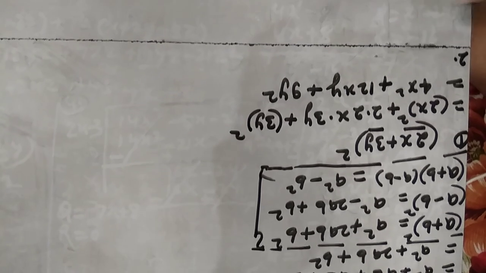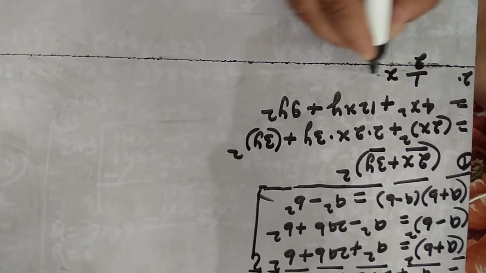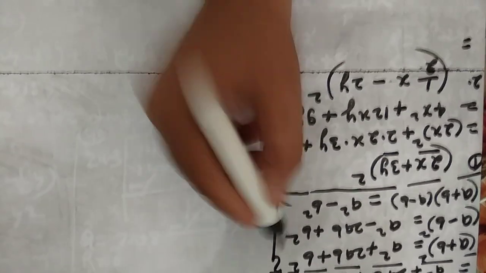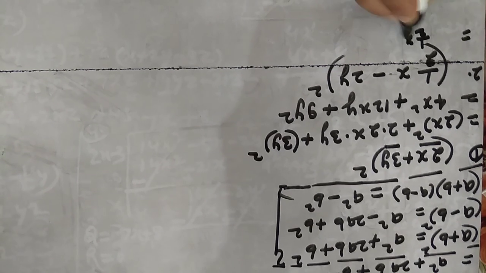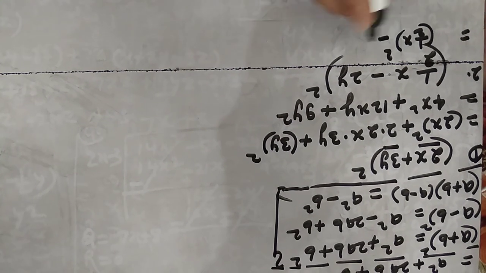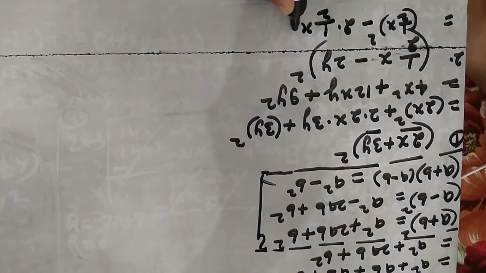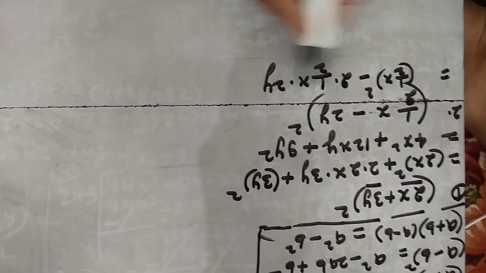Similarly, the next example I am going to solve: the square of (half x minus 2y). Now the second formula will be used. (Half x) square minus 2ab, where a is half x and b is 2y. You do not write minus here.